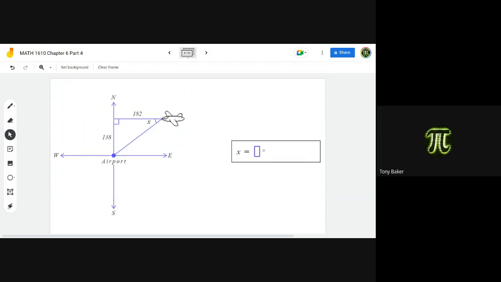Where am I standing? We're standing on the plane. As long as they don't have the seatbelt sign on, you're good. What's the 138? That's opposite. 182, adjacent. Which trig function am I using? Tangent. So it's tangent of x in this case, because I don't know that value, equals 138 over 182.